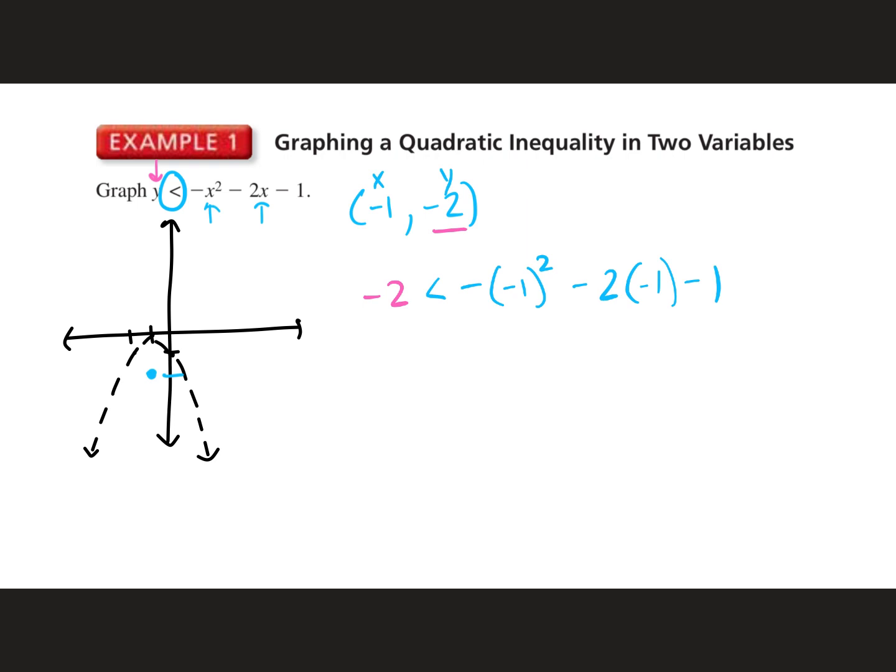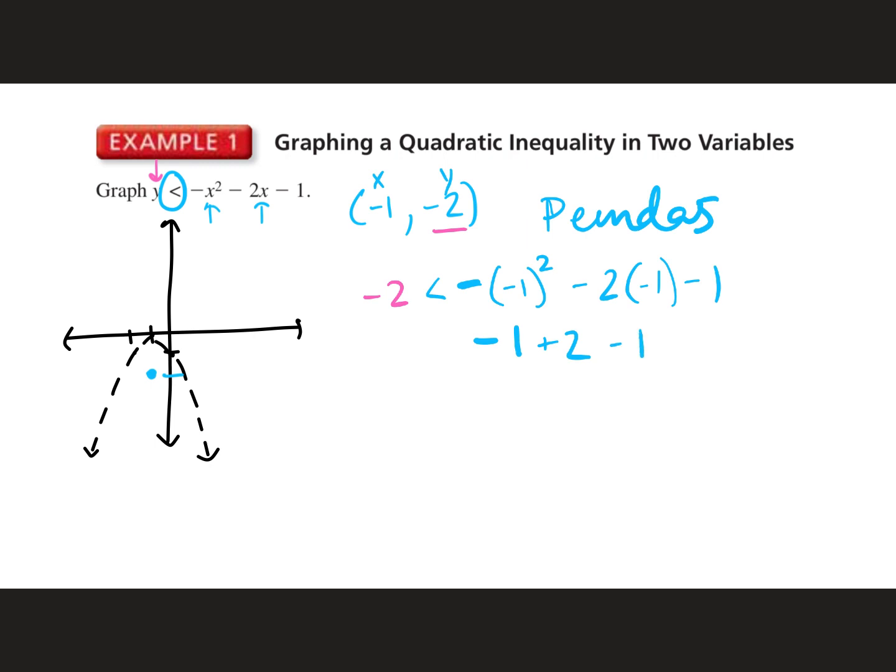So I'm going to work out the right side and see if my inequality makes sense or not. First I have to follow my order of operations, PEMDAS, so I do the exponent first. -1 squared would be +1, but I still have that negative on the outside, so it's actually -1. -2 times -1 would be +2, minus 1.